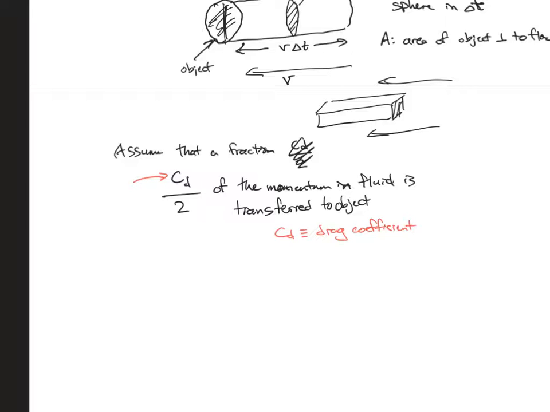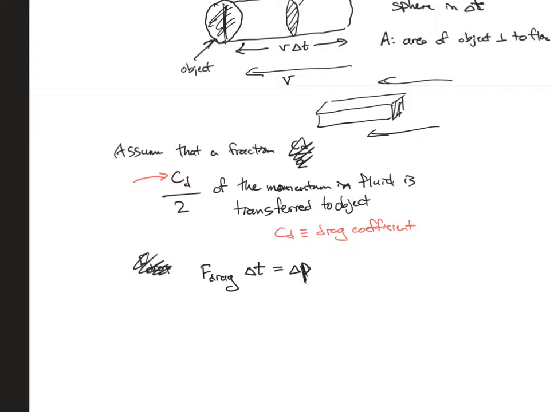So we're going to calculate the force that's exerted on the object, the drag force from this fluid flowing past it, F drag. We can calculate that by using what we know about momentum, because we know that the impulse created by that drag force is equal to the associated change in momentum.